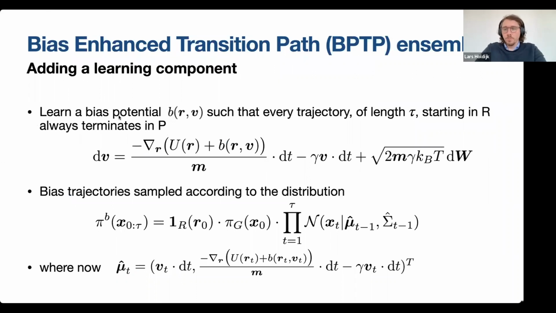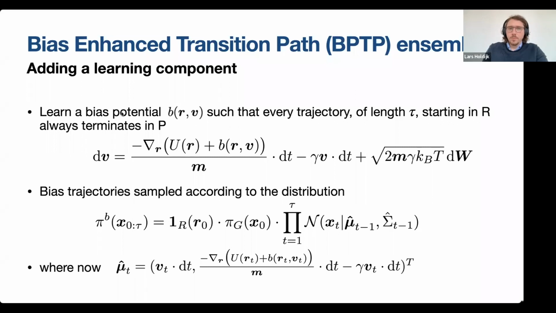So in the method that we propose, we're going to be adding a learning component to this stochastic differential equation that we saw before, where we're now going to add a bias potential to our original potential U. And this bias potential is what we're going to be learning in the end.